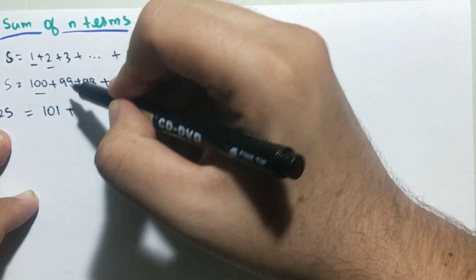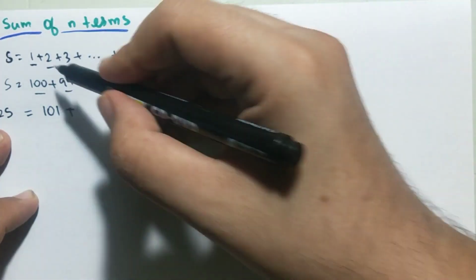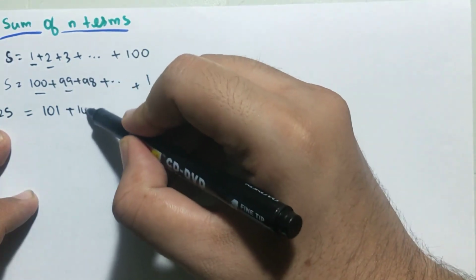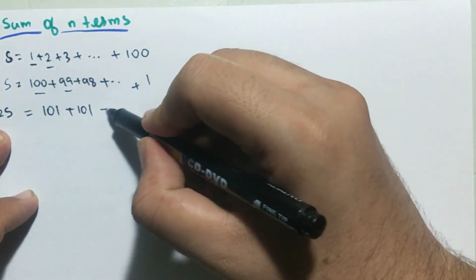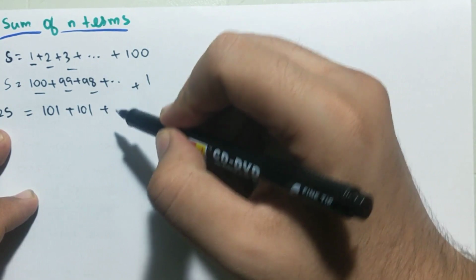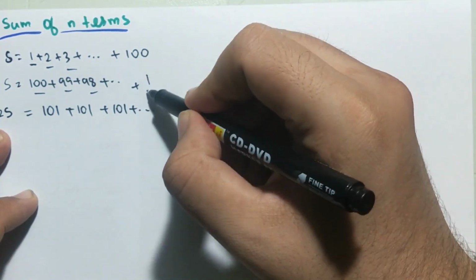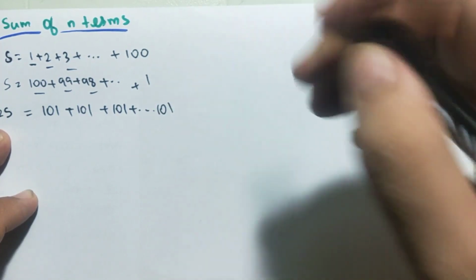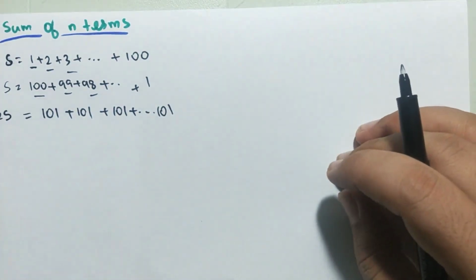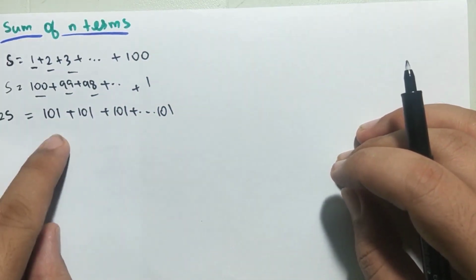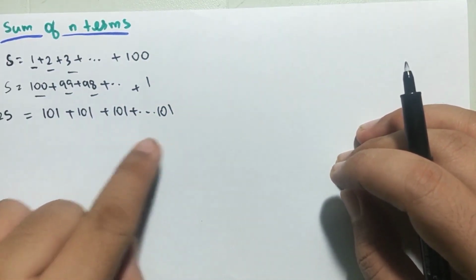Plus this second term and this second term: 2 plus 99 will be again 101. If I add the third terms, it will be again 101, till the last term 100 plus 1, again 101. In short, if I am adding these two, all the terms will become 101, 101, 101.